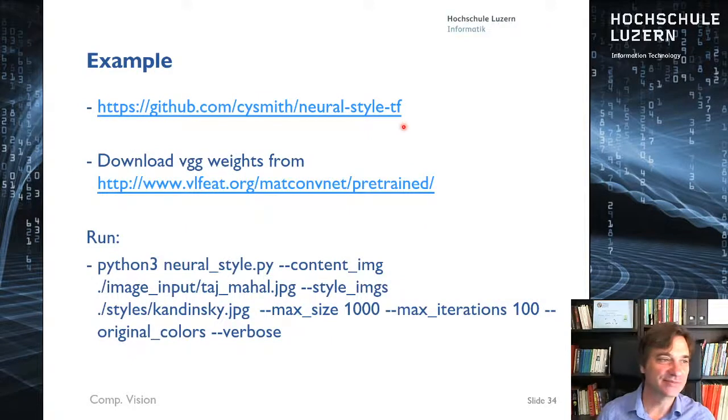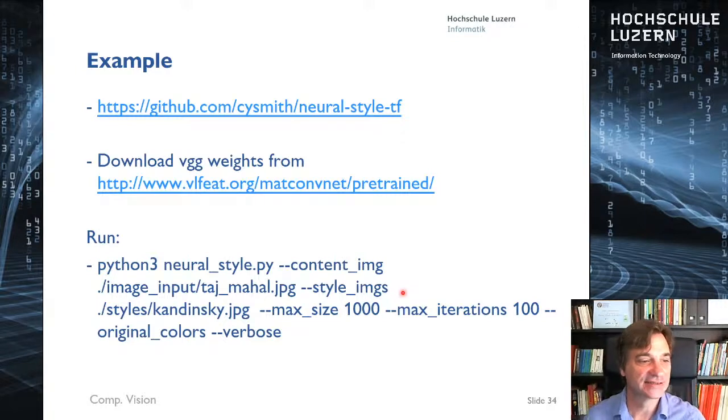There are actually some nice examples. So this one does the computation of the style transfer given both an input image and a style image, and calculates both of them. So this takes a bit longer, but you can just use any of the two images that you have.